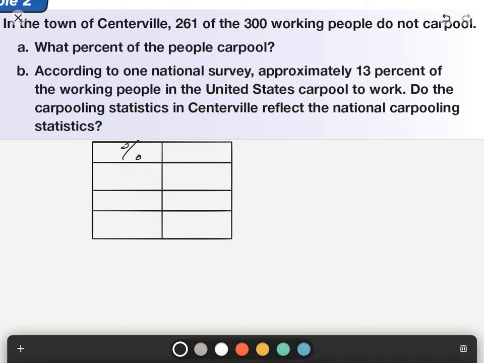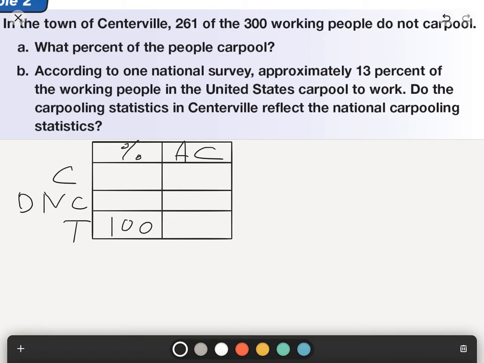Okay, then actual count, AC, and then got carpool, do not carpool, and a total. Okay. And so things that we know for the start is we know that our total has to add up to 100%.